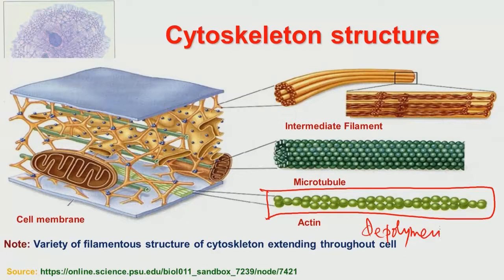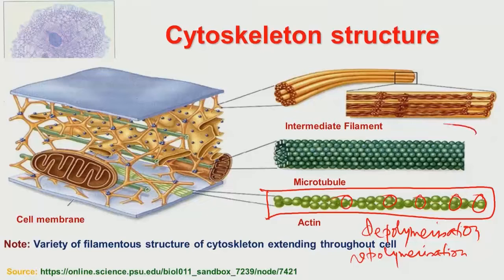Depolymerization means that these actin filaments can break down to individual monomeric molecules. If required, these monomers can come back together to make the actin filament again, and this is called repolymerization. So, this sequence of depolymerization and repolymerization takes place in a cellular structure.